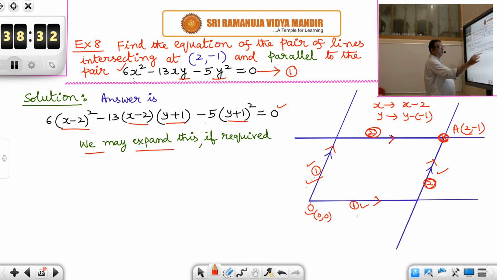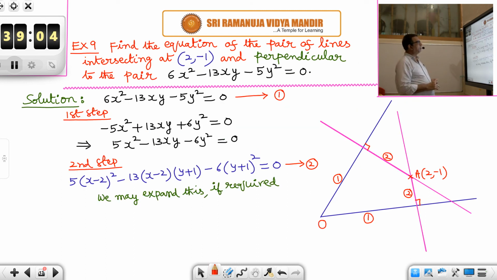We may expand this if required, and then it will come into the long form ax square plus 2hxy plus by square plus 2gx plus 2fy plus c is equal to 0. Is it not? That is the equation of the pair of lines not passing through origin. These lines are not passing through origin, so you will get a long equation if you expand. Okay, next example.